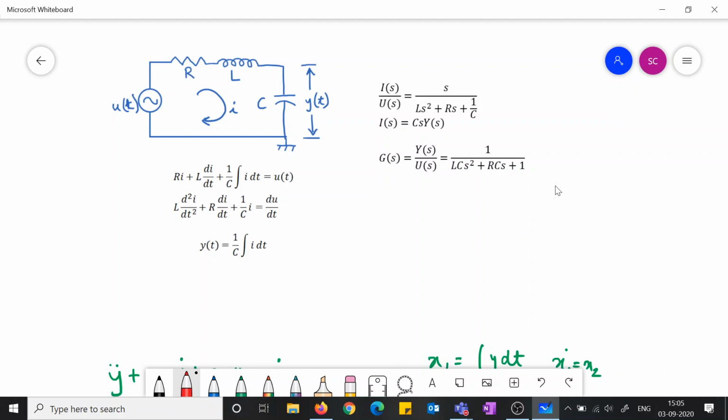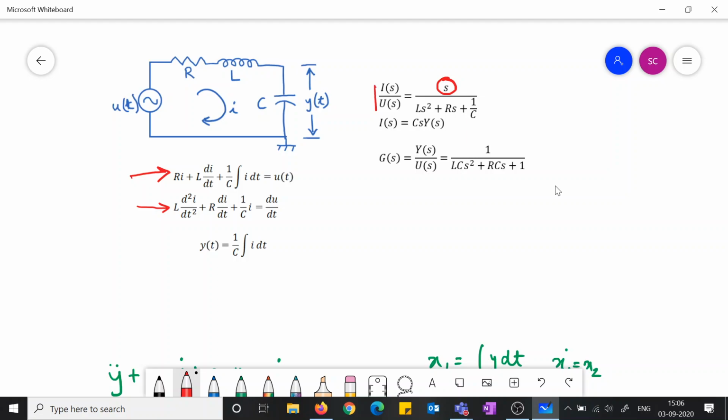So the mistake was this, that I forgot to put this s in the numerator when I was evaluating the integral. So you can see from this expression, which is the dynamical equation of the system, from that we derive this.